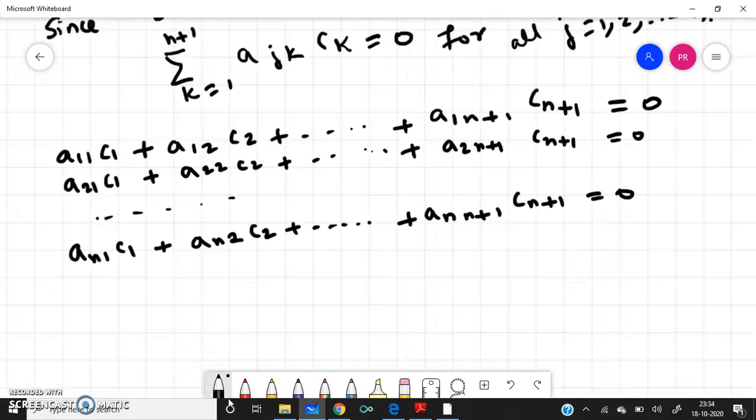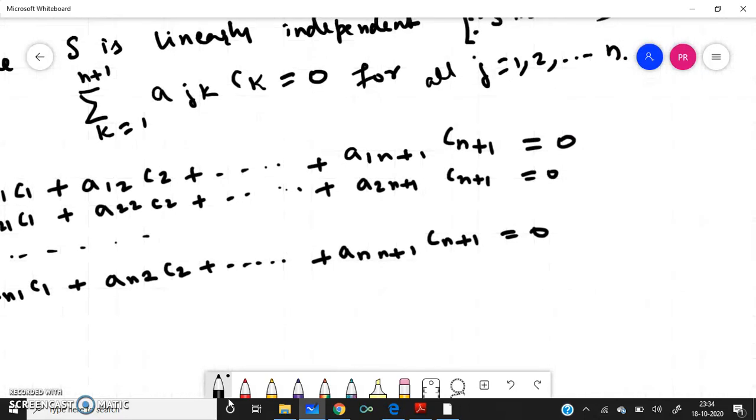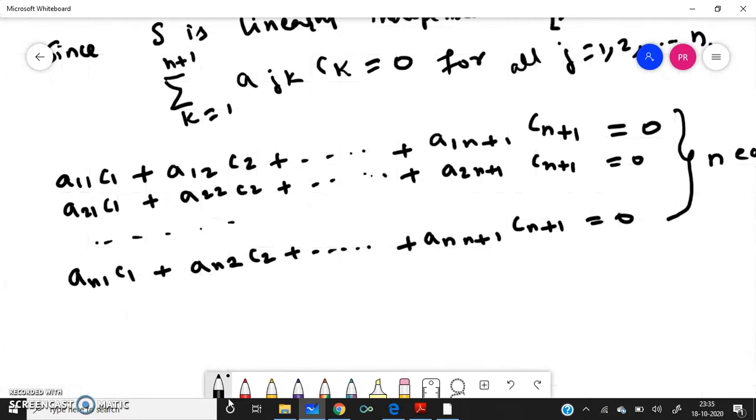How many equations do you have? 1, 2, and so on, n equations. How many unknowns? C1 I want to find, C2 I want to find, and so on to Cn plus 1.